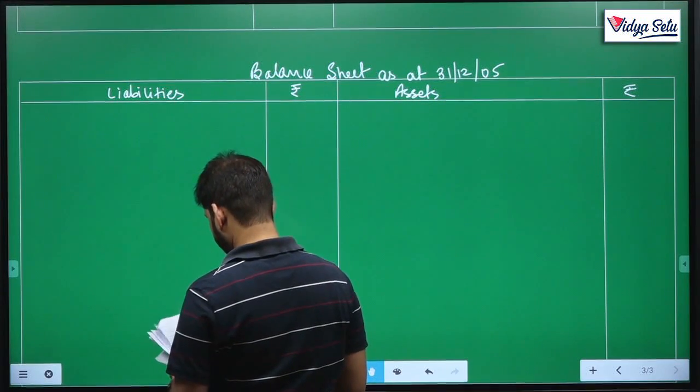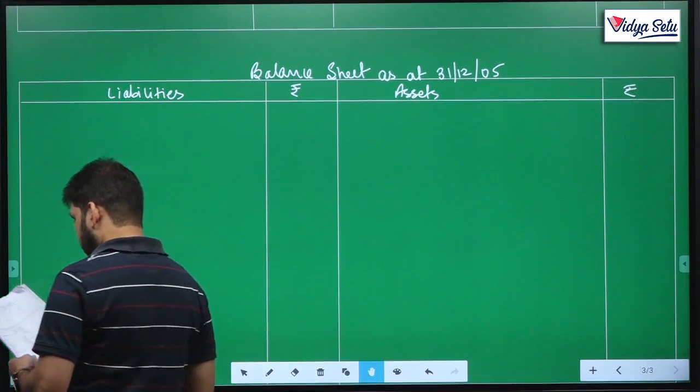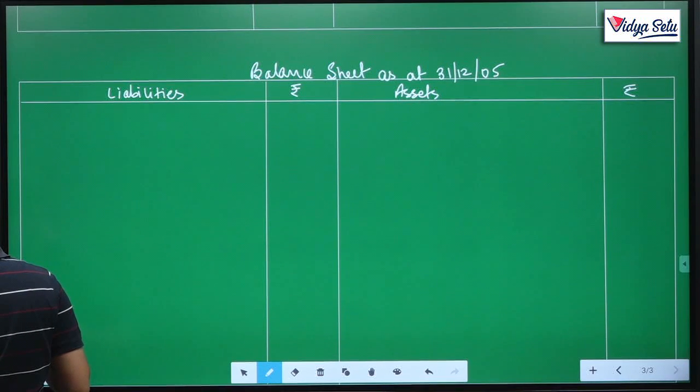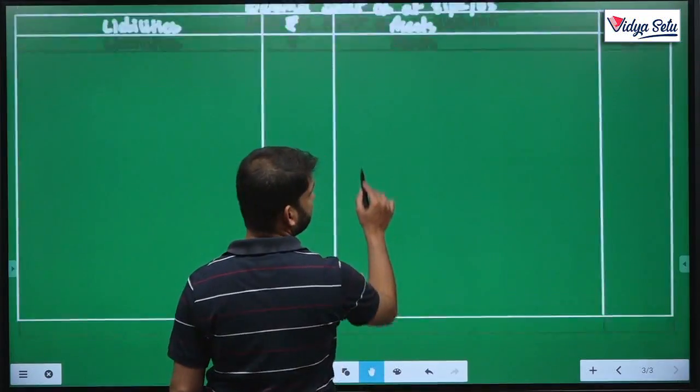Now, let's look at our trading account. First thing first is capital. So, we will write down the capital. We do not have to make the capital accounts, or do we?